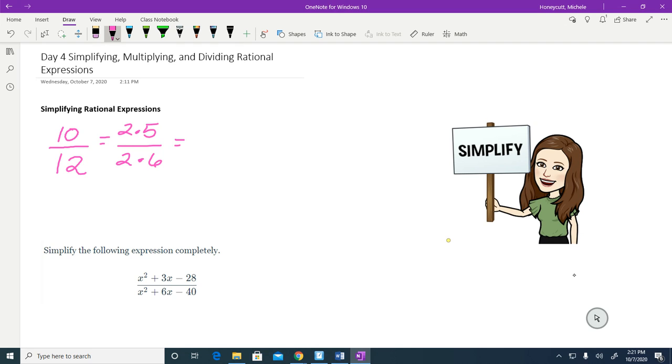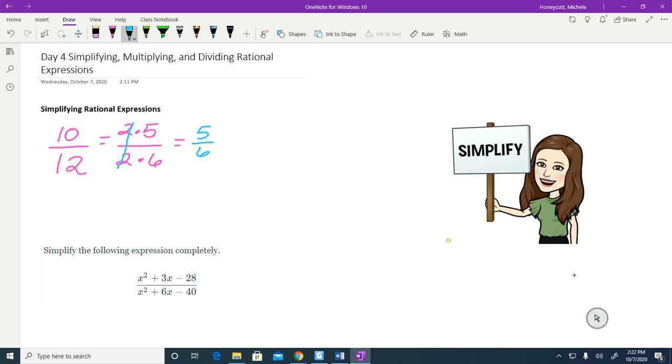Oh, look, 2 times 5 over 2 times 6. Well, 2 divided by 2, and notice they're being separated by multiplication symbols. Multiplication and division in the order of operations you can do at the same time. So 2 divided by 2 is 1, and that leaves me with 5 over 6.